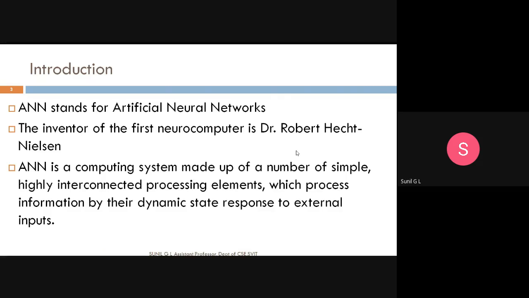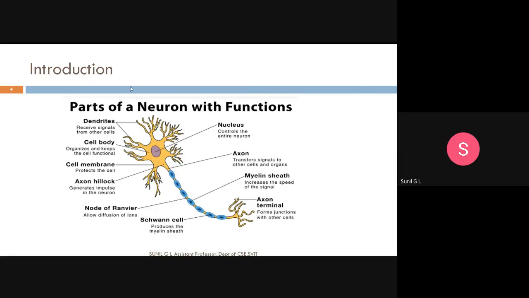These processing elements we call neurons. The ANN is based on the concept of how the human brain thinks; the computer system will also work like that, think, and take decisions. So it depends upon our human brain.